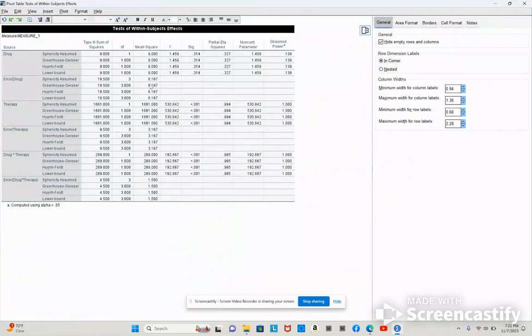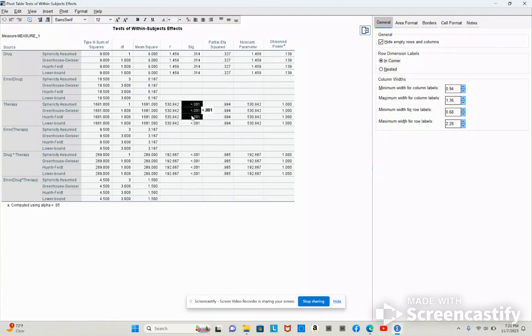And we can see here from this that therapy did seem to have quite a significant effect, but drug did not seem to have a significant effect. And the observed power was pretty weak, so you really can't confirm anything off of this. But what we do see here is the relationship between both of them together is very strong.